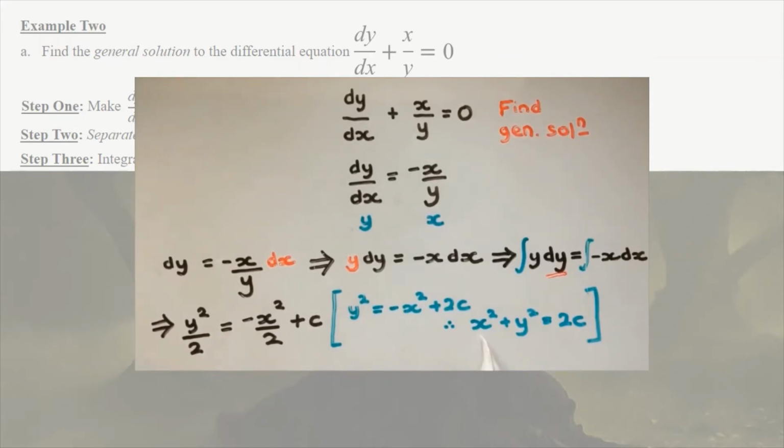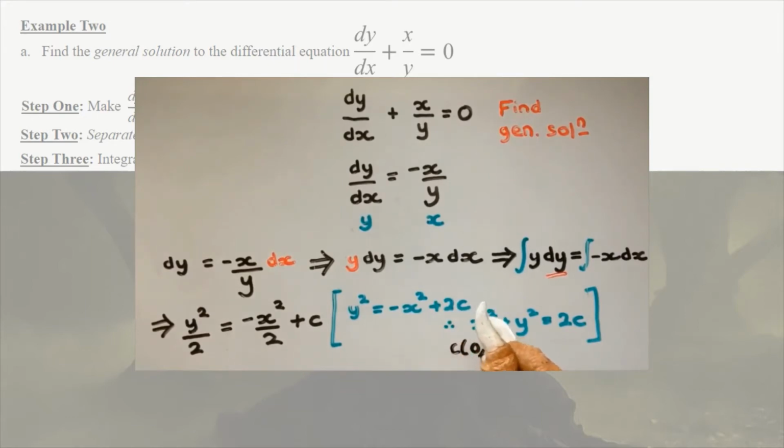We have x squared plus y squared equals 2c. So in other words, it's a circle, but we know a little bit about it. We have no horizontal or vertical translation here. It's going to be center origin. So it's a circle with a center at the origin.